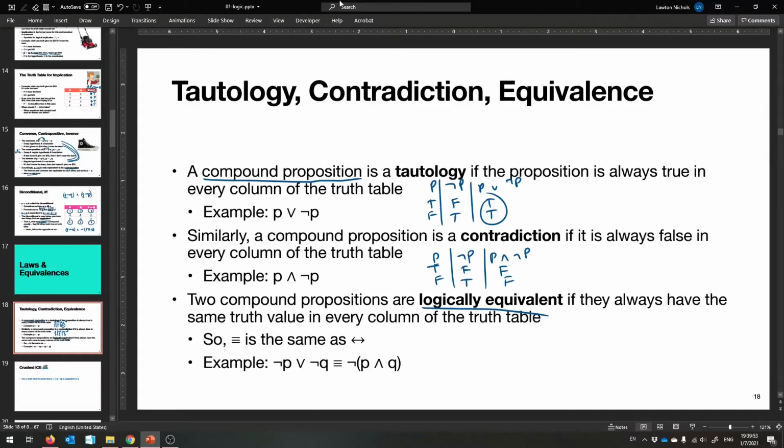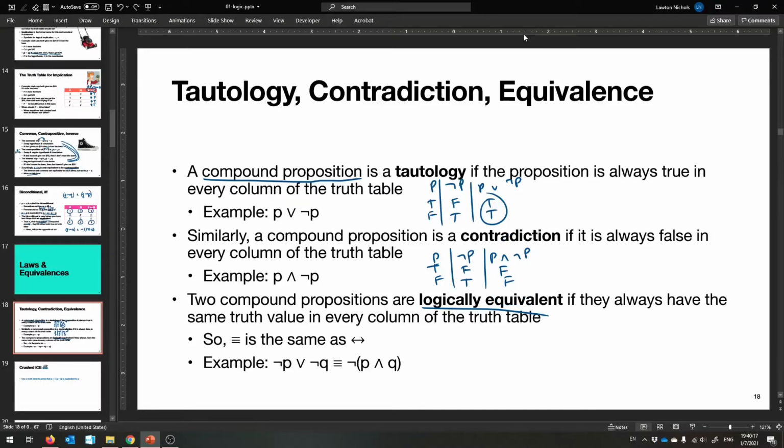Okay, so you have two propositions that are logically equivalent if they have the same truth value in every column. So some statement on one side, some long thing, is equivalent if it has the same truth value in every column of the truth table. They're all the same. Okay, that's the idea.